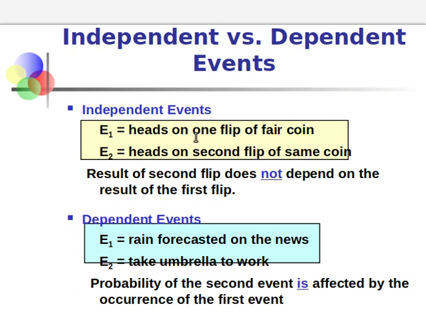E1 is the first flip, when you first spin the coin, and E2 is the second. The result of the second flip does not depend on the result of the first flip.